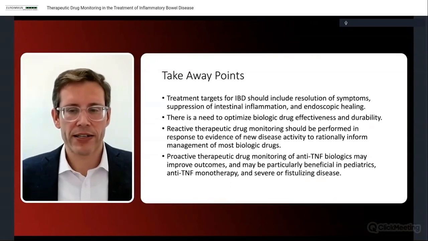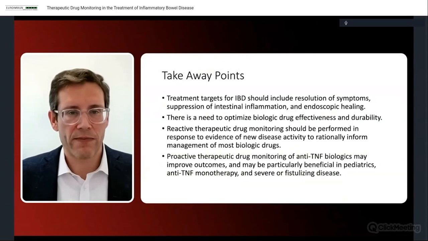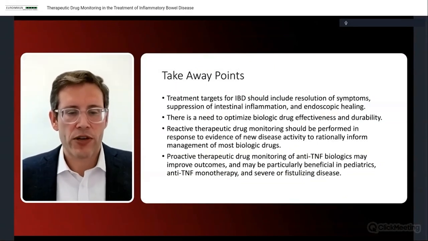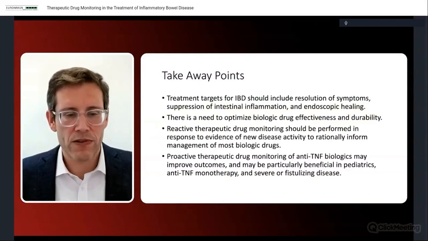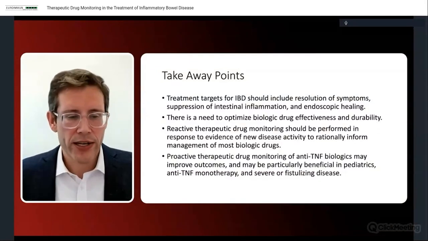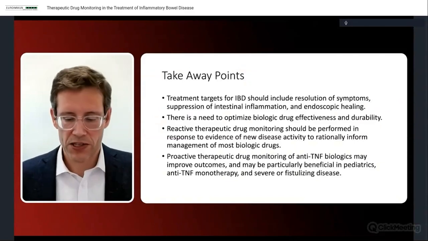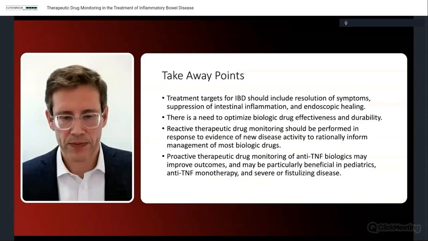Reactive therapeutic drug monitoring should be performed in response to evidence of new disease activity to rationally inform management of most biologic drugs. And proactive therapeutic drug monitoring of anti-TNF biologics may improve outcomes and may be particularly beneficial in pediatrics and anti-TNF monotherapy and severe or fistulizing disease.